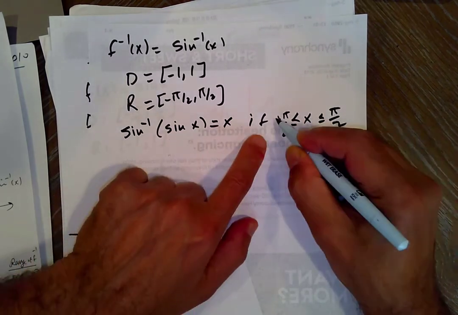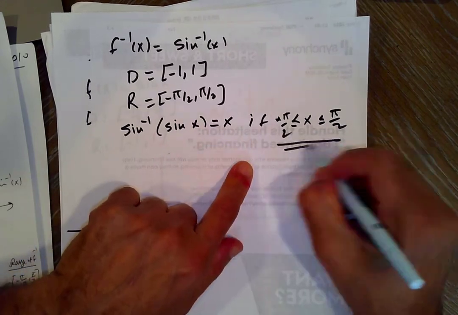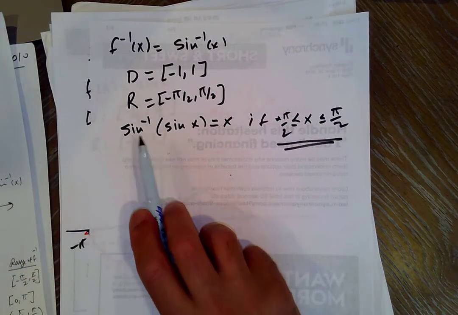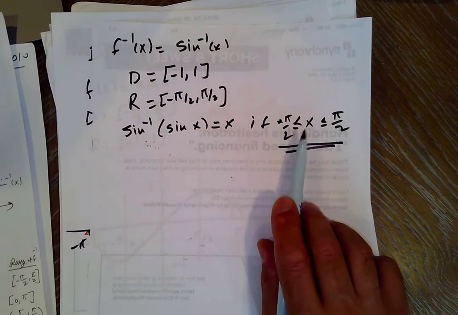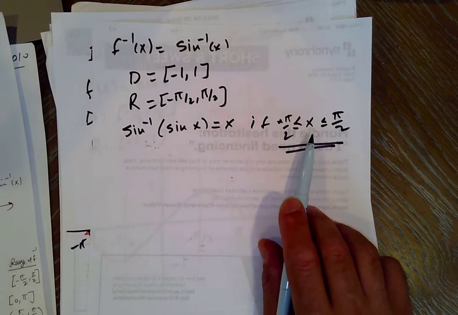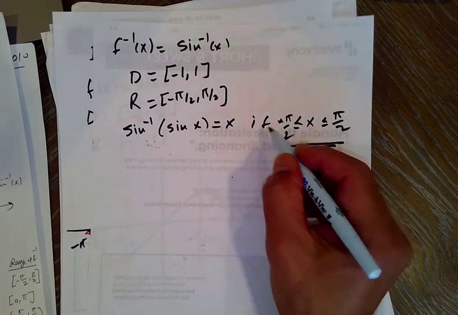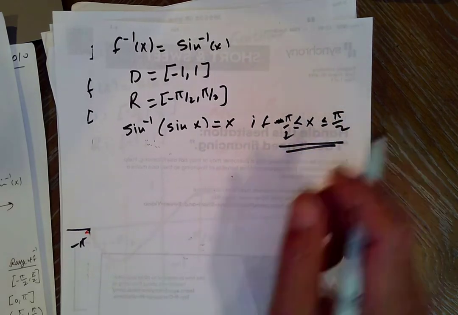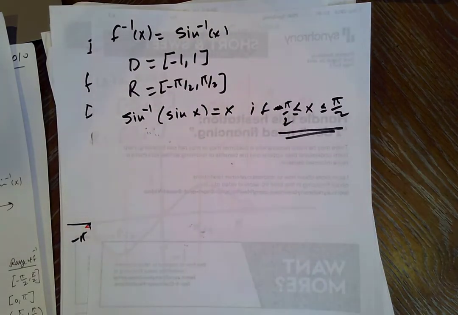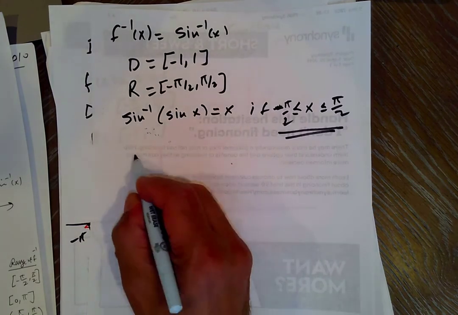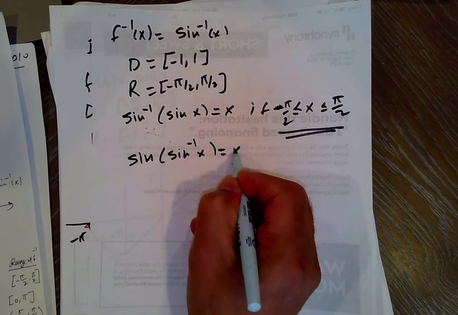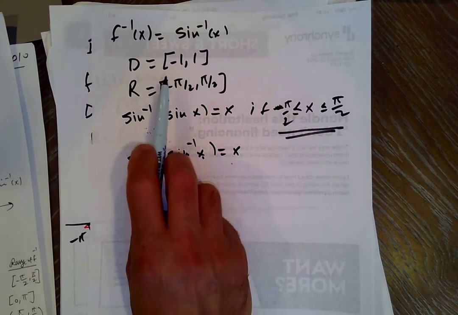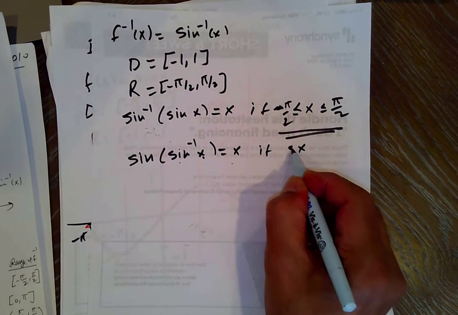Keep in mind, you can only use this cancellation rule in this interval. So when you're doing sine inverse, you're going to be either in the first or the fourth quadrant, because y is negative in the fourth quadrant. And sine of sine inverse of x is x if x is in the domain of sine inverse, which is negative 1 to 1.